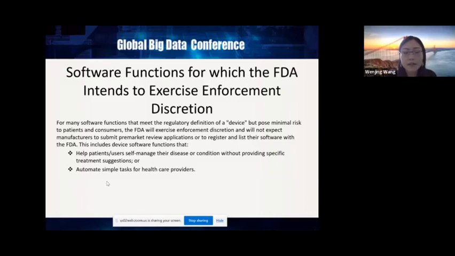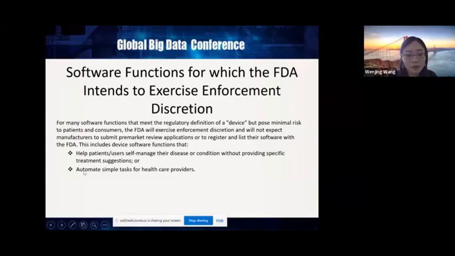The second condition is the software functions for which the FDA intends to exercise enforcement discretion. For many software functions that meet the regulatory definition of a medical device but have minimal risk to patients and consumers, FDA will exercise enforcement discretion, and they will not expect manufacturers to submit the pre-market application or to register and list their software with FDA.